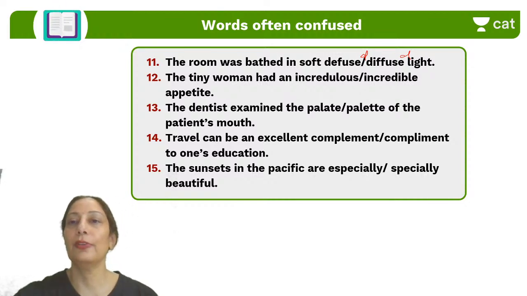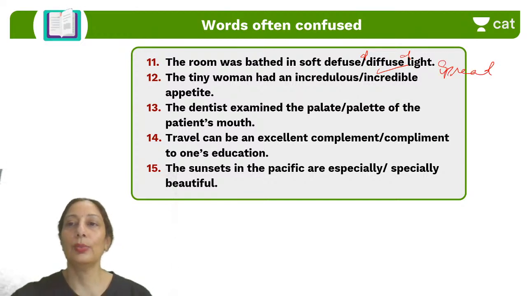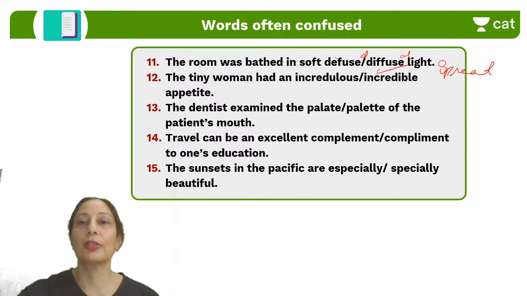Diffused. Yes, diffused means to spread, a light which is spreading all over the room. Defuse means to remove the fuse from something, or to remove the tension from something is to defuse. So diffuse meaning to spread the light.